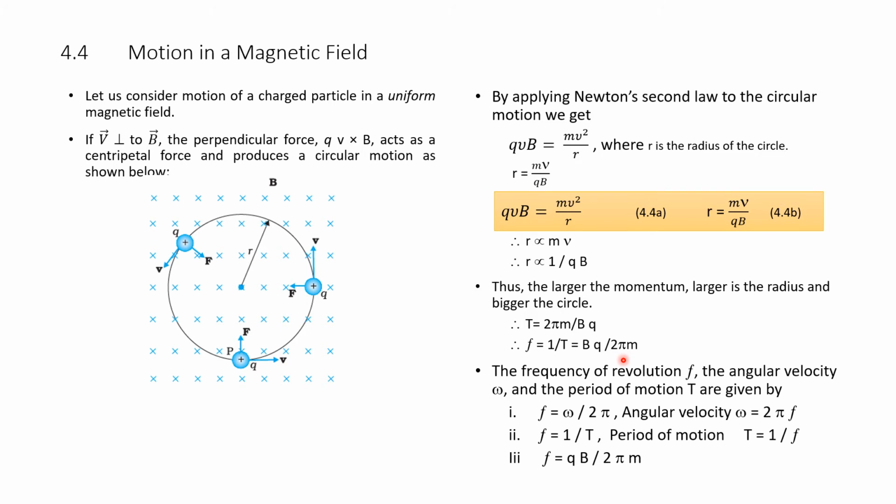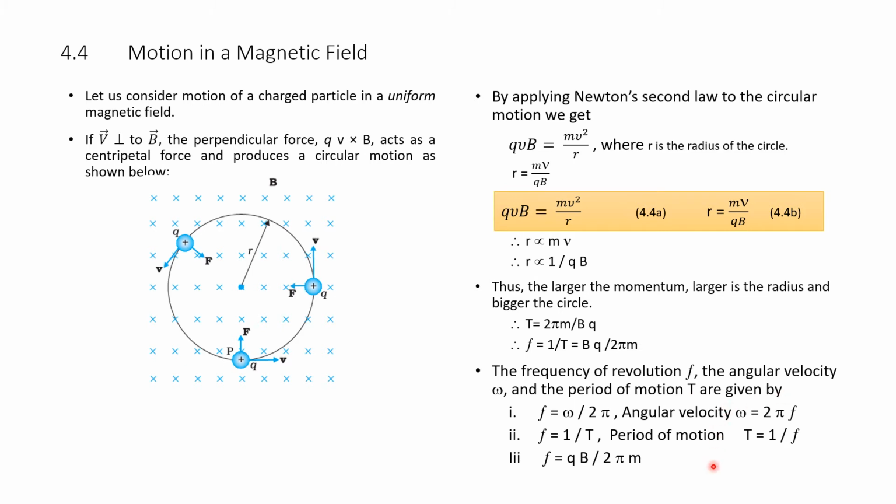So the frequency of revolution is f, the angular velocity is omega, and the period of motion is T.